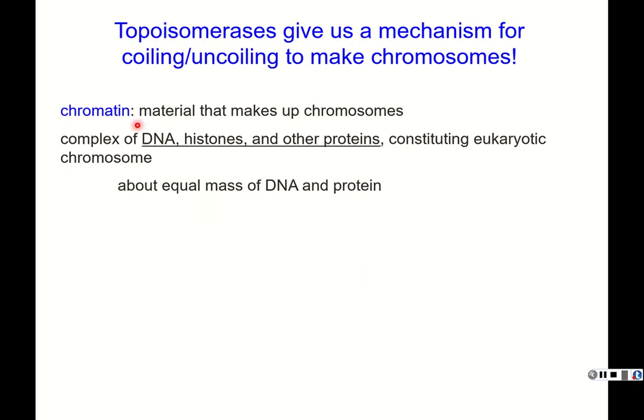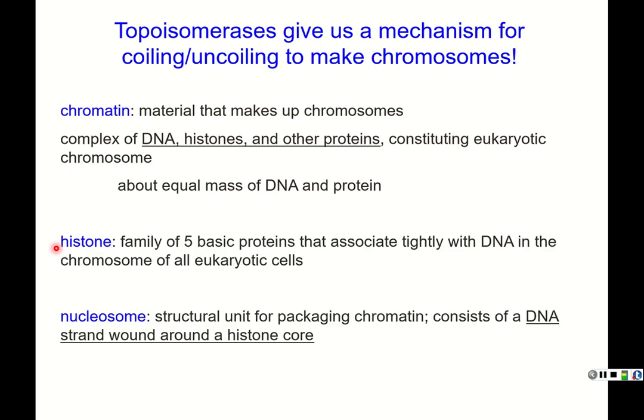So again, chromatin is a material that makes up chromosomes. It's a complex of DNA, histone proteins, and some other proteins. Right? And it's about equal mass DNA and protein, which might be kind of surprising, right? Because you think of a chromosome as being all DNA, but actually it's about equal protein to DNA if you're looking at the mass. Okay.